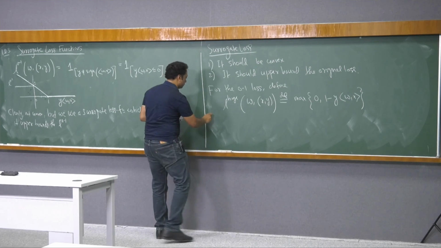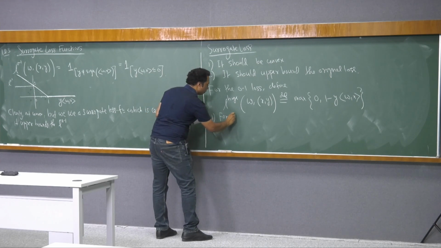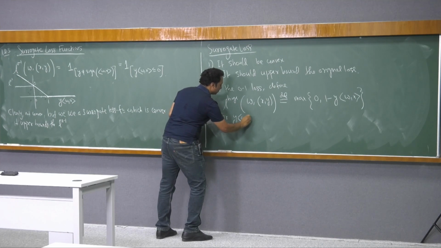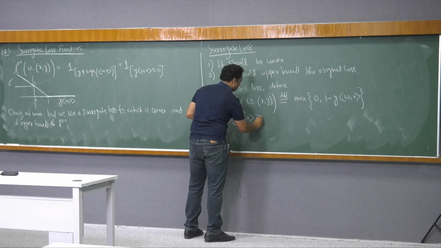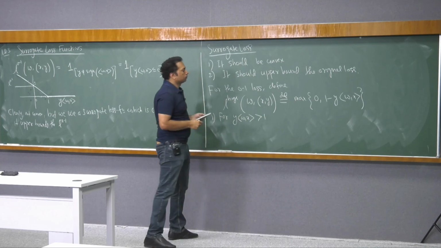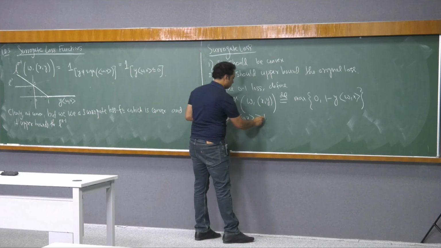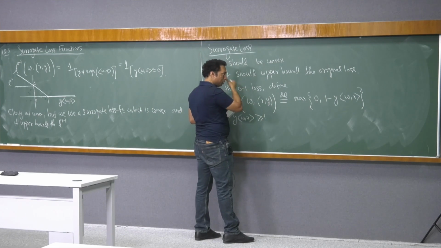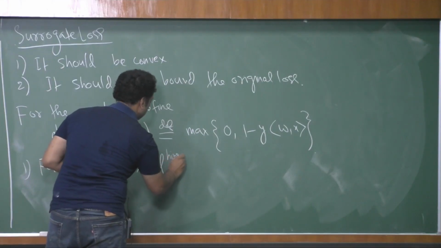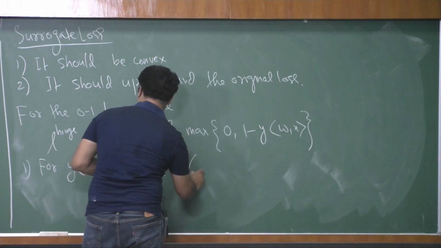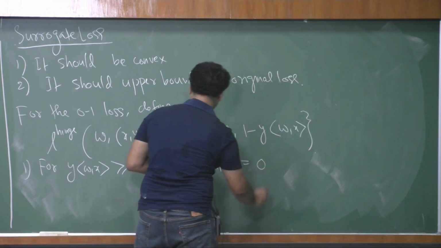So we just write down the cases that we have discussed. For y wx greater than, yeah, if it's also equal to 1, it's fine. So if it's greater than or equal to 1, then the maximum of this will be 0. Then L hinge of w, x, y is 0.